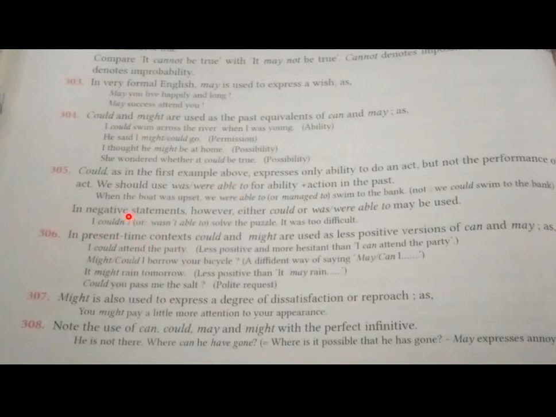When the boat was upset, we were able to or managed to swim to the bank. Not we could swim to the bank. In negative statements, however, either could or were able to may be used. I couldn't or wasn't able to solve the puzzle.